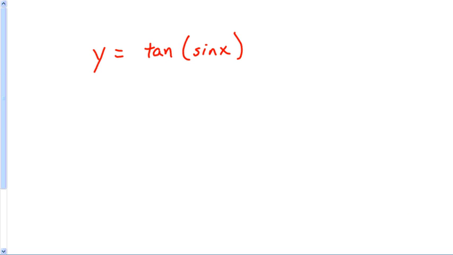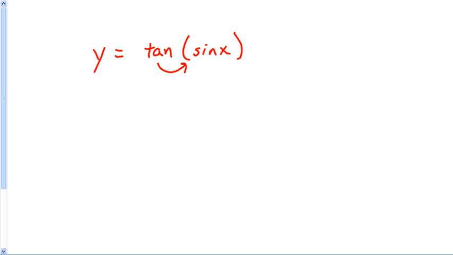Let's see. This is another one. Now again, think: is it product? Is it quotient? Well, look at something. This is the tangent of sine x. This is not tangent x times sine x. This is nothing but a chain rule question.